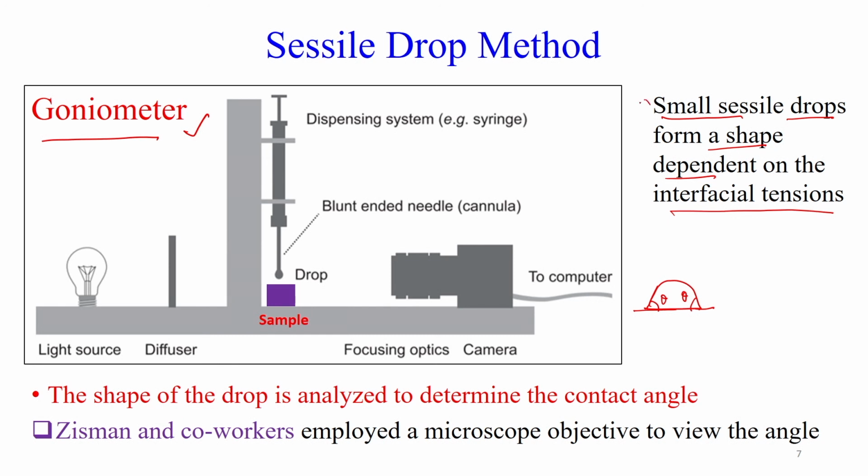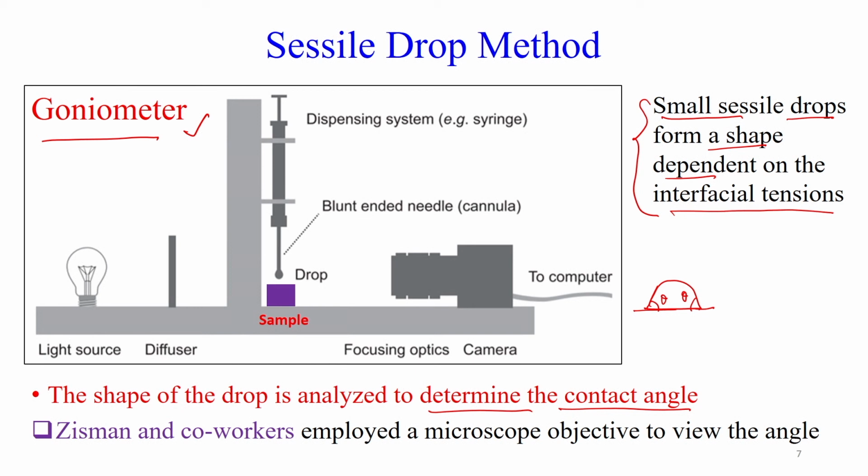So, if you have a small drop, we are neglecting the effect of gravitational forces. Once the camera has recorded the image or the shape of the drop, we can analyze this shape to determine the contact angle.